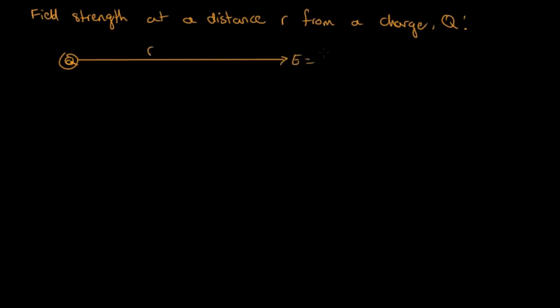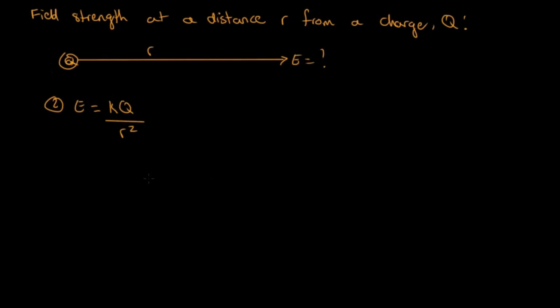What's the electric field strength over here? Well, this is how we do it. Formula number 2: electric field strength is equal to Coulomb's constant K times the charge, all over R squared. Q stands for the point charge, which is creating the electric field. E is the electric field strength, and R is the distance between Q and the point at which E is calculated.